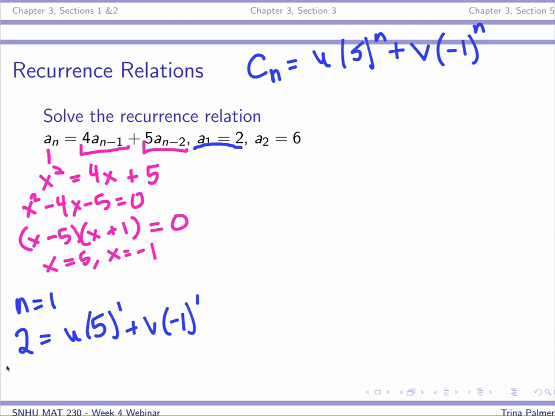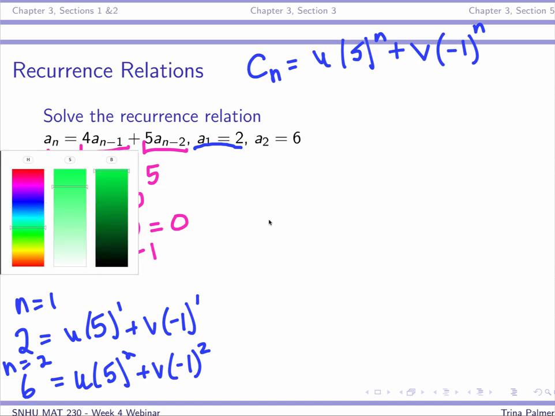Then if I plug in n equals 2, a sub 2 is 6, and I have u times 5 to the second plus v times negative 1 to the second. So I have two equations that I'm going to simplify a little bit, and I have two unknowns, so I'm going to solve these two.